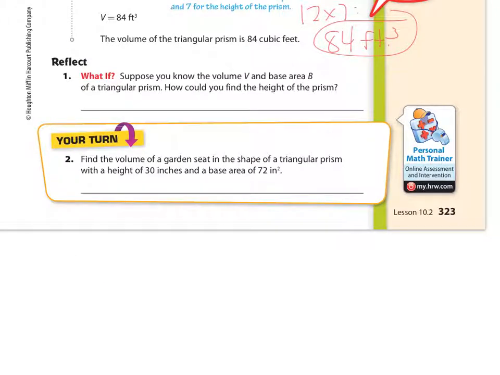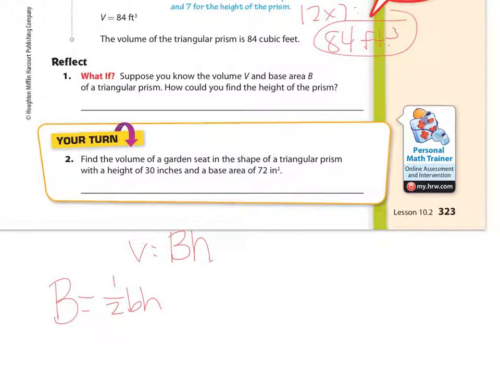For a question like number 2, it gives you the base area of 72 and the height of the prism. So we just need to know our formula. Volume equals the area of the base times the height. And you might notice that this is the same formula as if it was a rectangular prism. The difference here is big B, because big B for a triangle is 1/2 the base times the height.